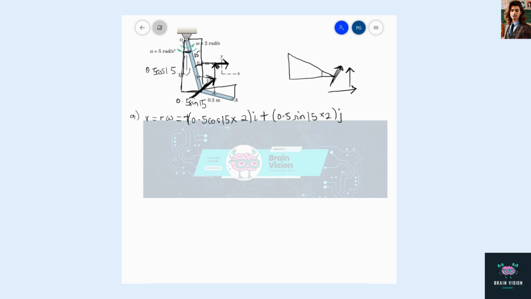So 15 plus 90 plus, let's call this x, plus x equals 120. So x will be equal to 15 degrees, which means that this part is also 15 degrees. So this radius will be 0.3, rather than 0.5.